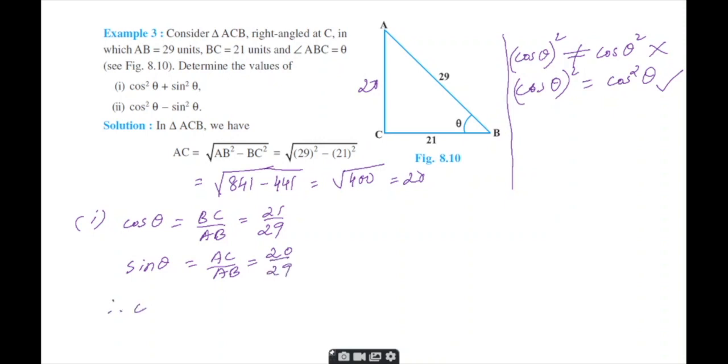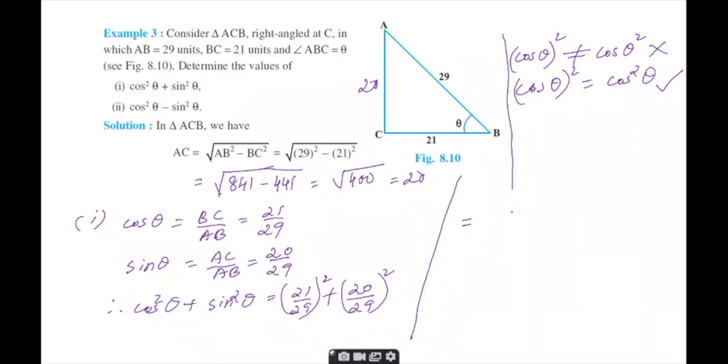Therefore, cos square theta plus sin square theta is equal to 21 by 29 whole square plus 20 by 29 whole square, which is equal to 441 by 841 plus 400 divided by 841.